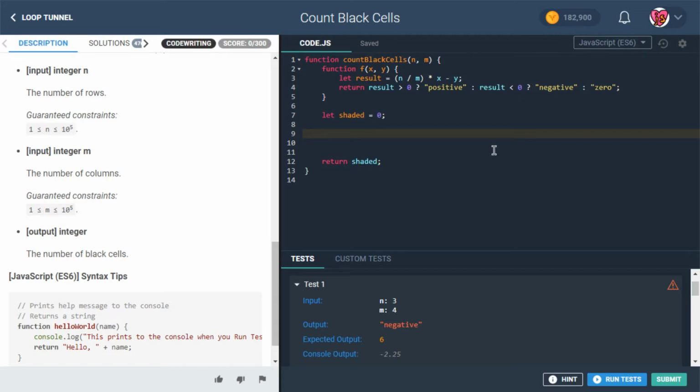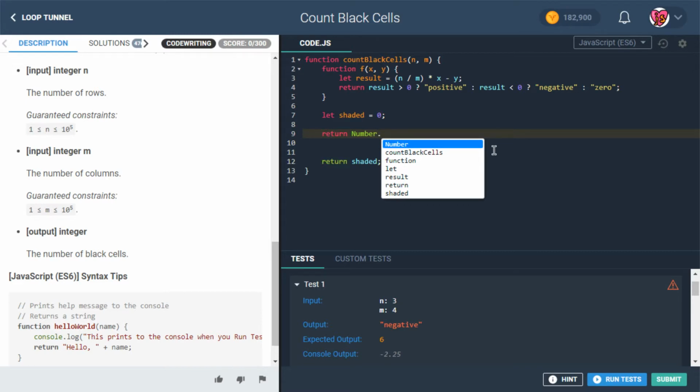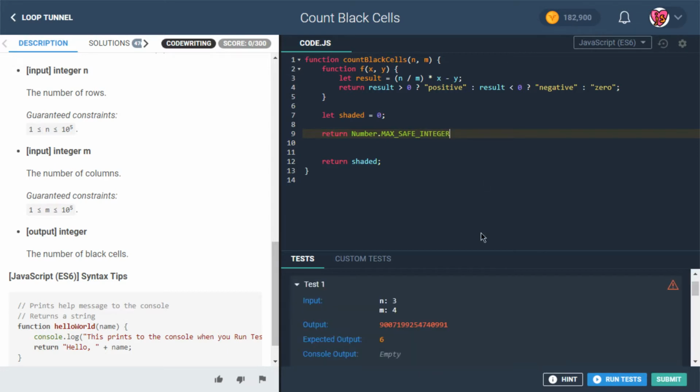That's huge, but it's not too huge, I don't think. If we were to return Number.MAX_SAFE_INTEGER, can we do that? Yeah. See, that's huge.